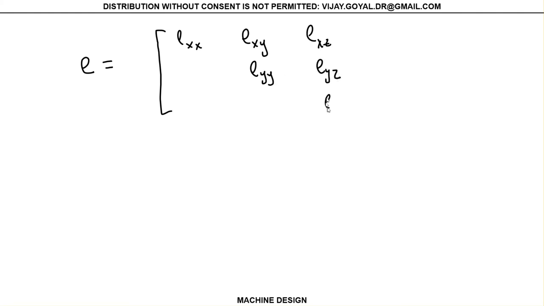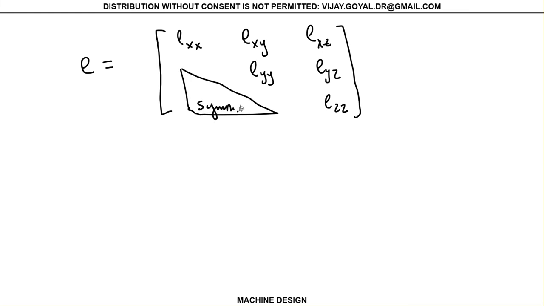Let's define the state of strain in the following way. E is equal to E of xx, E of xy, E of xz, symmetric, so I'm only going to write the diagonal terms, yz, ezz, and remember, this is a symmetric matrix.